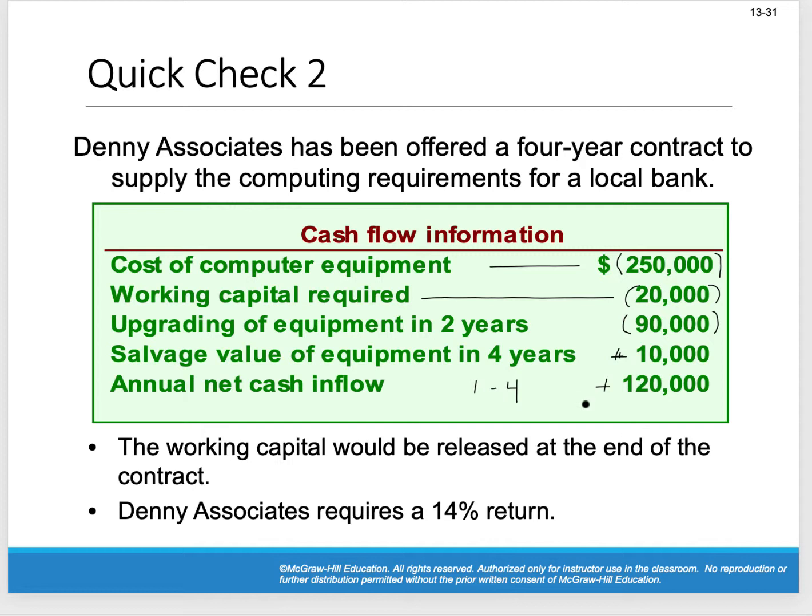That's an annuity. Okay? They go on to tell us that this $20,000 at the end of year 4 is going to be released. And they say that we require a 14% return. So basically what that means is that 14%, we're going to use that as our discount rate.